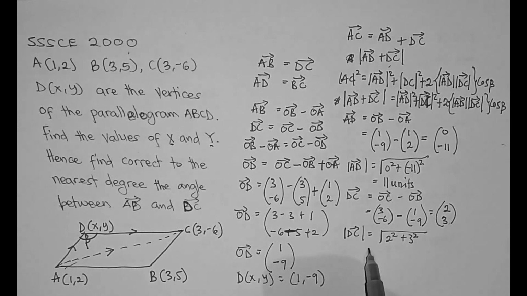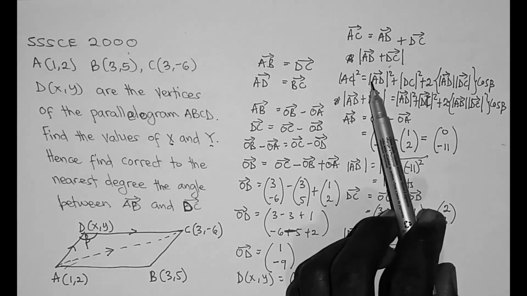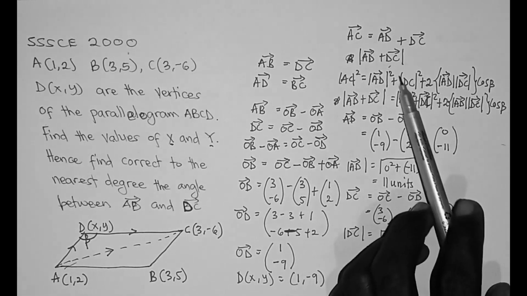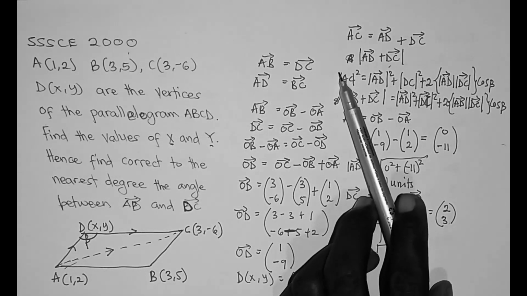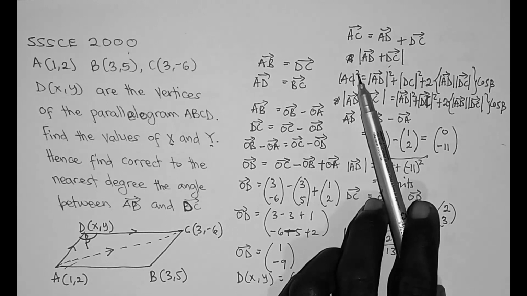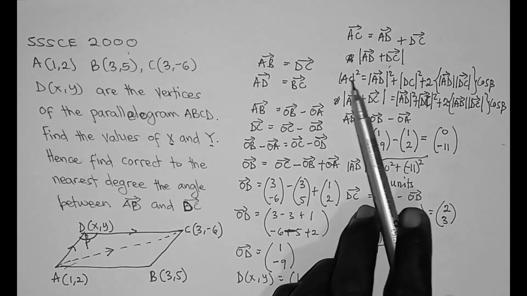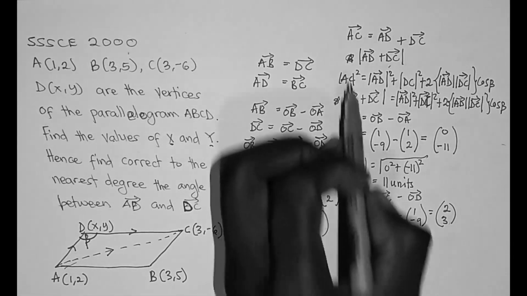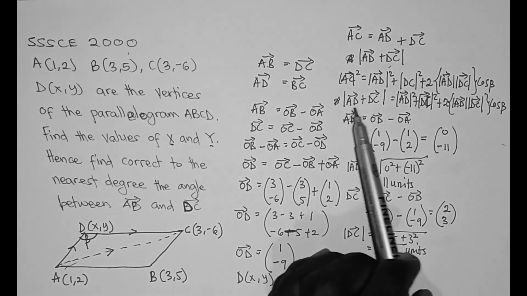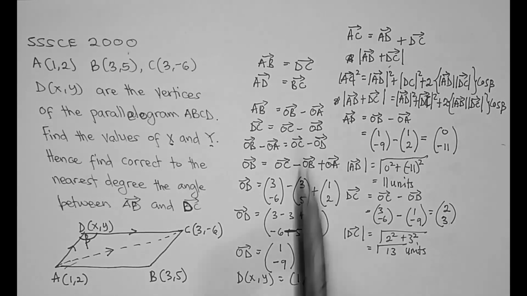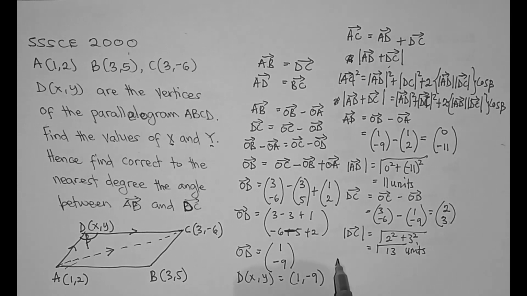And this is equal to, so we know the magnitude of AD. We also know magnitude of DC. We are left with finding the magnitude of AC. However, we said magnitude of AC, vector AC, is the magnitude of vector AD plus DC. So let's find vector AD plus vector DC.